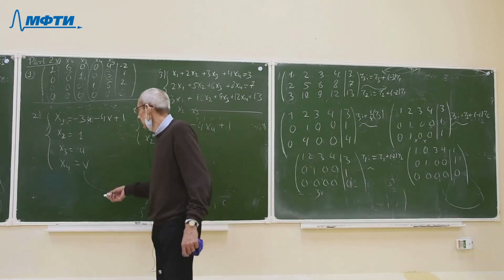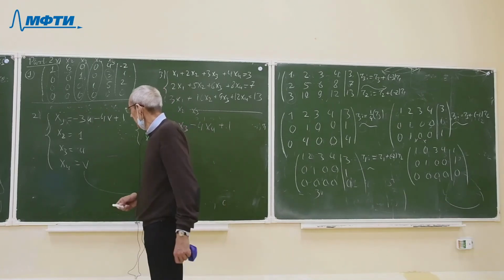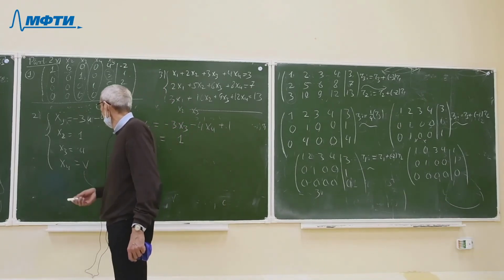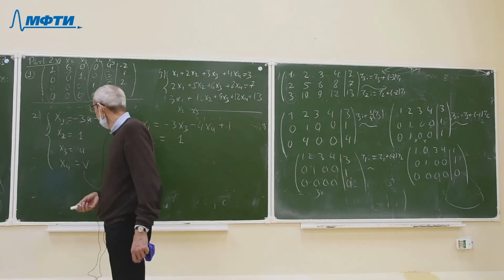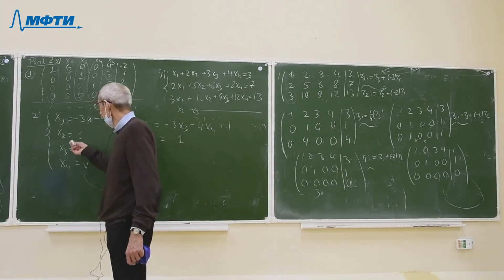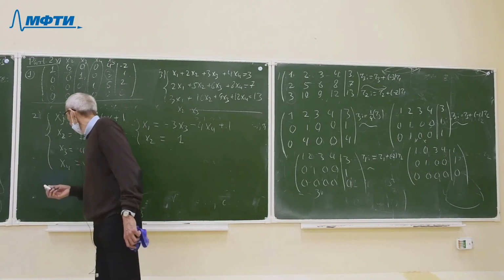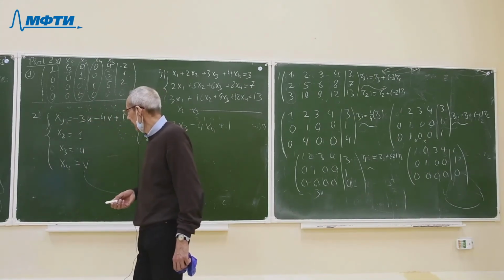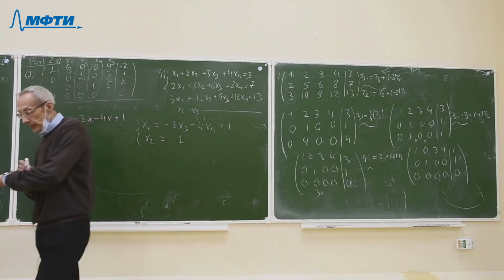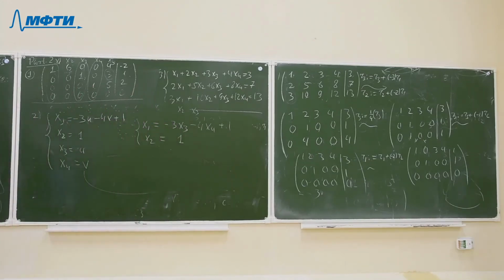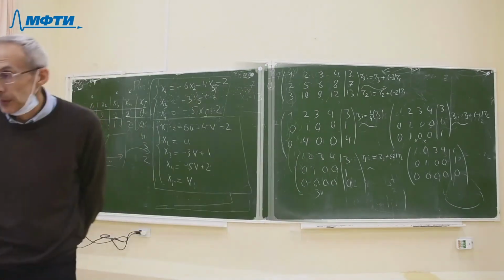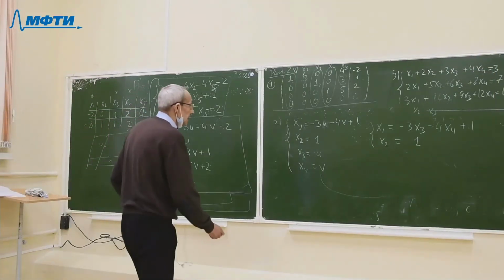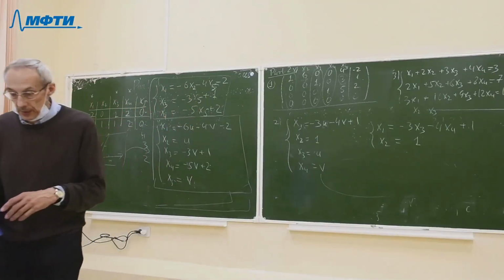We can put various values for u and v and obtain the corresponding values of the variables of solutions. But infinitely many solutions. Any question? Okay, let's consider one more example.